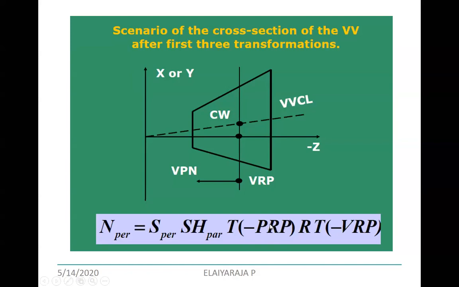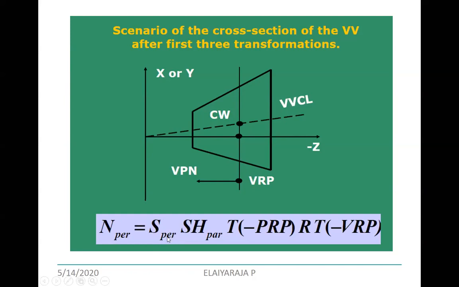Then next you perform shear. Here shear does not change. Why? Because you do shear with respect to the viewing plane. If it is the z axis, you perform shear x as well as shear y. It is the same.